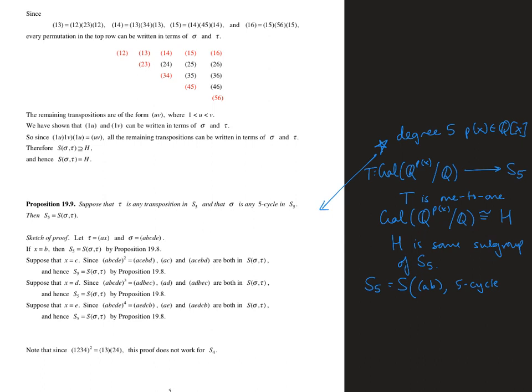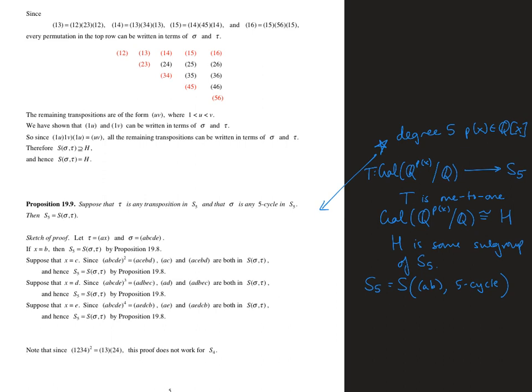But once we have this, this is pretty good, because if we can show that one of the automorphisms in our Galois group gets sent to a 5 cycle and one of our automorphisms gets sent to a 2 cycle, that means that that subgroup H is all of S5, because now we've got a 2 cycle and a 5 cycle in the set that we're mapping to, and that's going to generate the whole group.